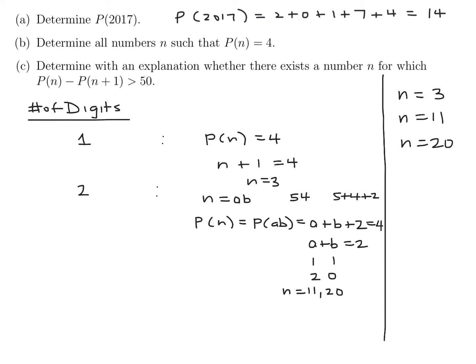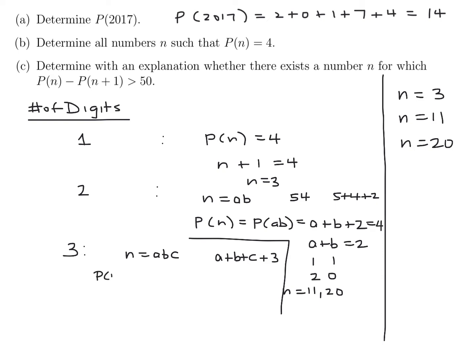All right, and let's see, 3 digits. Let's see what happens here. 3 digits, okay. So this time my n is like an a, b, c. So the sum of the digits would be a plus b plus c. But then you'd also have to add 3 because there's 3 digits. That would be sort of how do you calculate p of n.